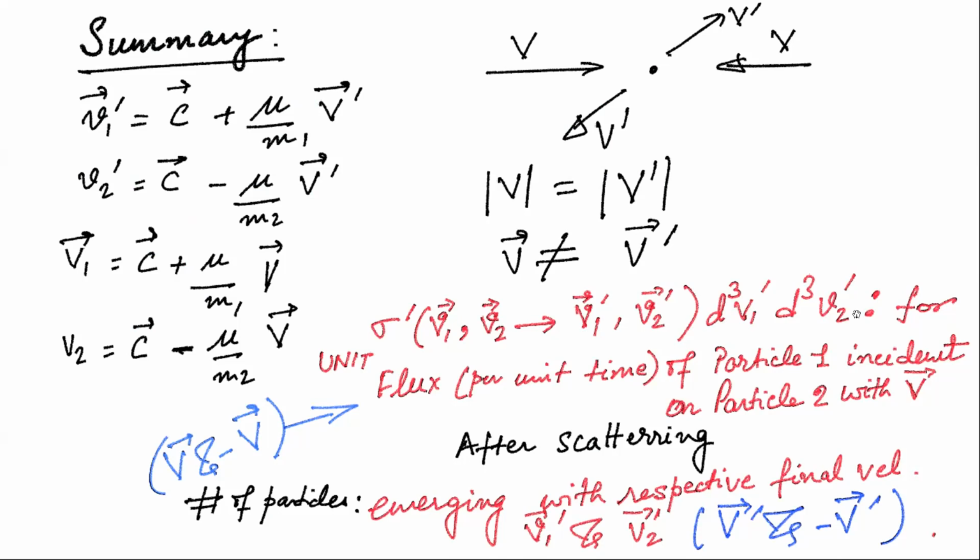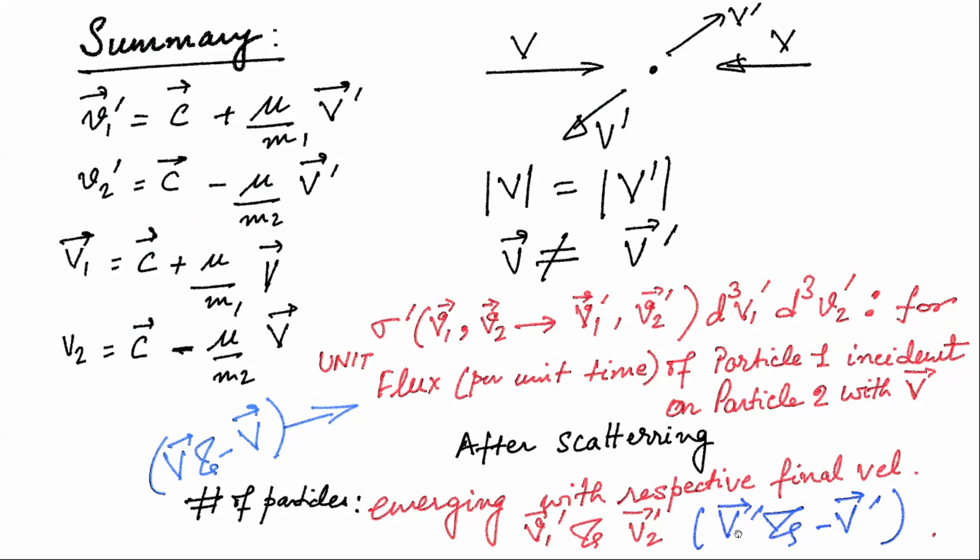So this quantity is essentially the flux per unit time of particle 1 incident on particle 2 with relative velocity v, and after scattering emerging with the respective final velocities v1 dash and v2 dash.